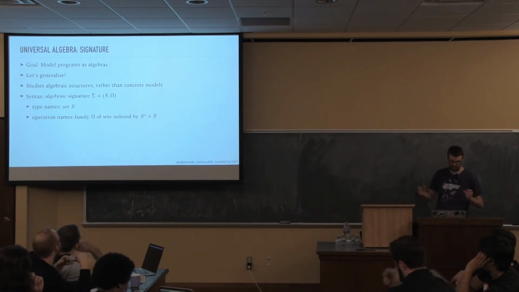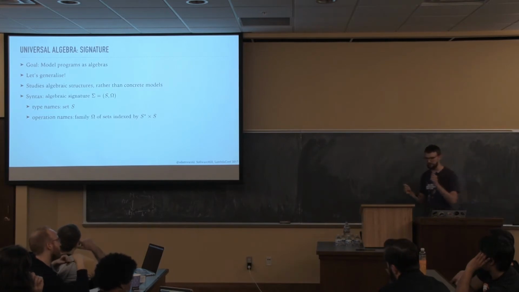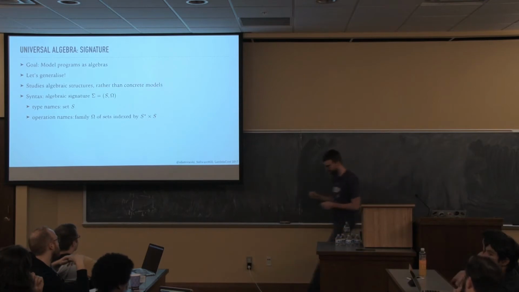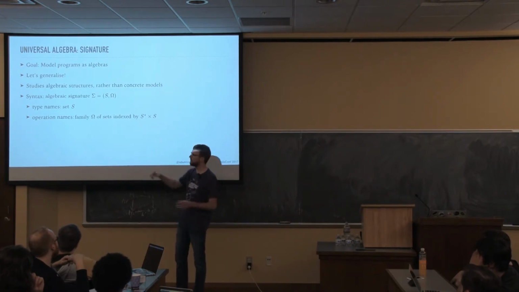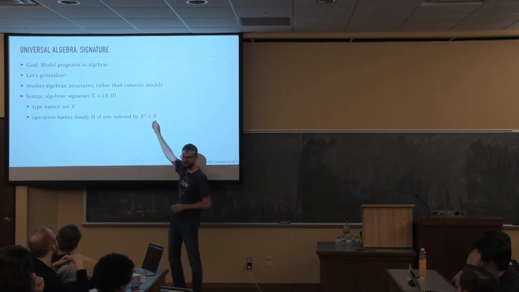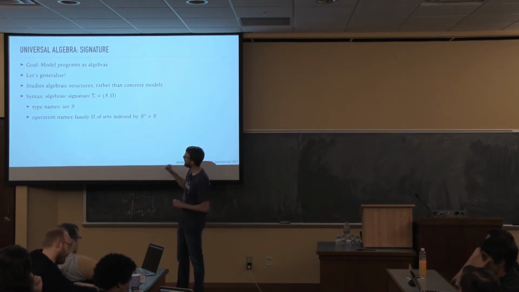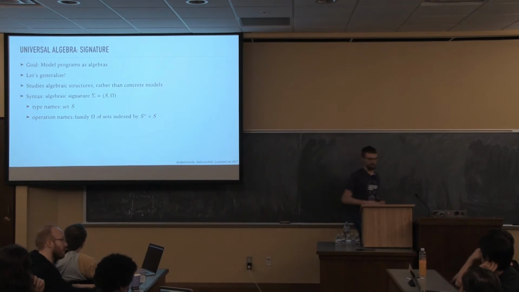It's a family because each operation has a specific arity, right? Okay. So there will be a set of operations with two arguments of a given type and a given result type, right? And there will be another family of sets with 3 arguments and so on. So it's a family of sets.